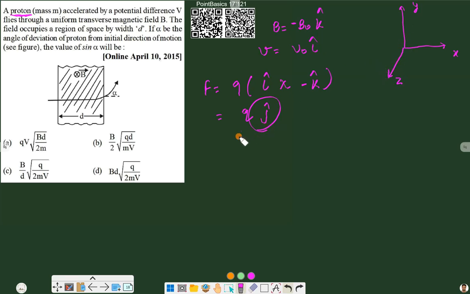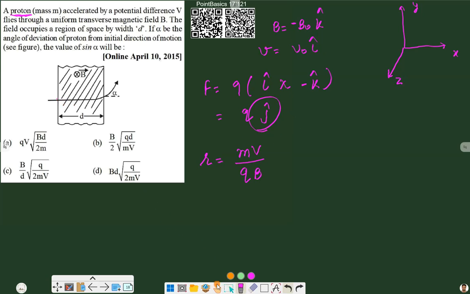Now after getting the direction, we know that when a charged particle enters a magnetic field, it starts moving in a circular path, and the radius of that circular path is given by r is equal to mv by qB, and the point at which the particle enters acts as a point on its circumference.